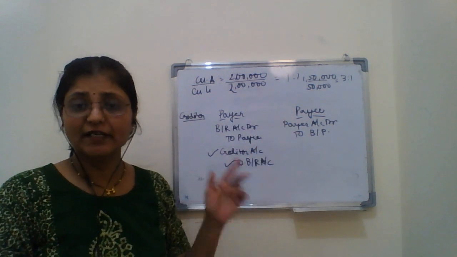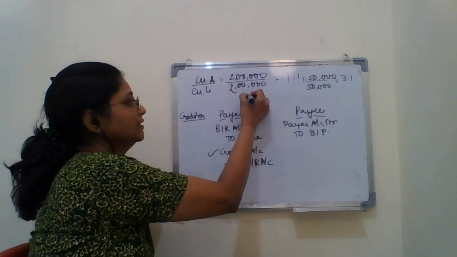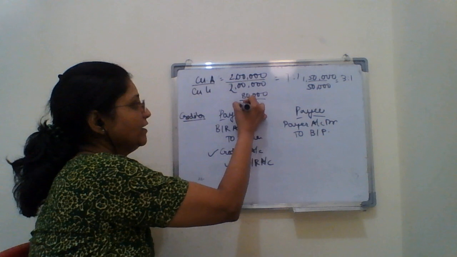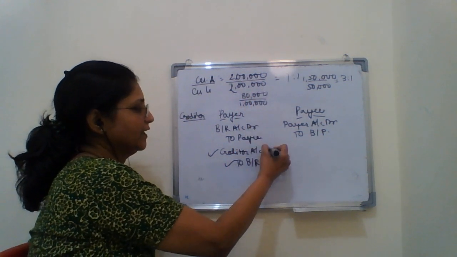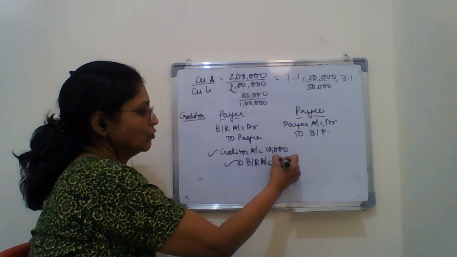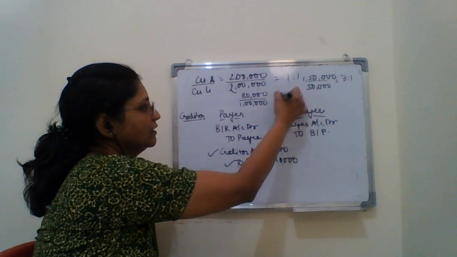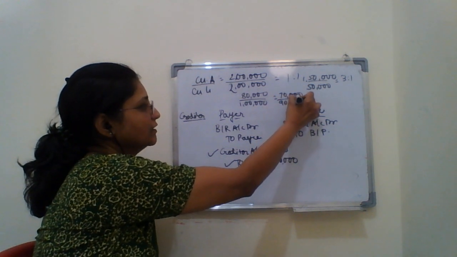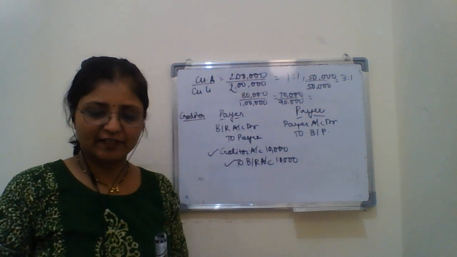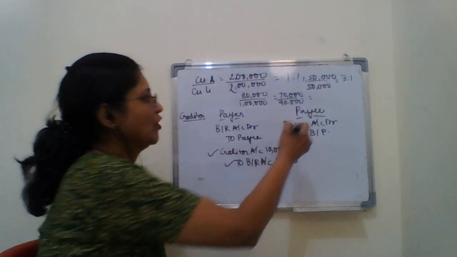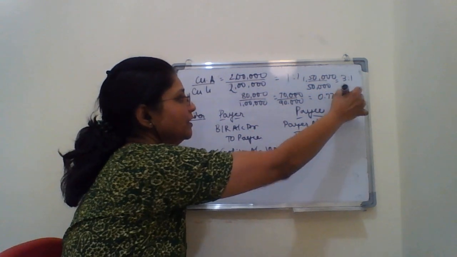They have also given a second case, that is 0.8:1. So if we assume this is 80,000 by 1 lakh, and if this is 10,000, okay, so this will become 70,000 is to 90,000. So what will be the ratio now? 7 divided by 9. So it will become 0.77. Obviously the ratio will reduce.